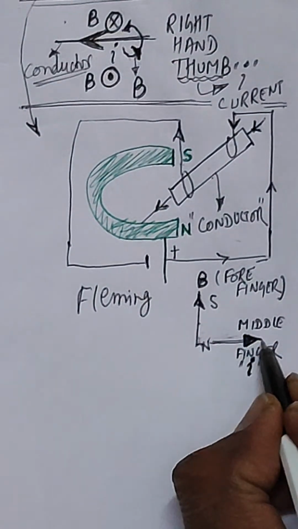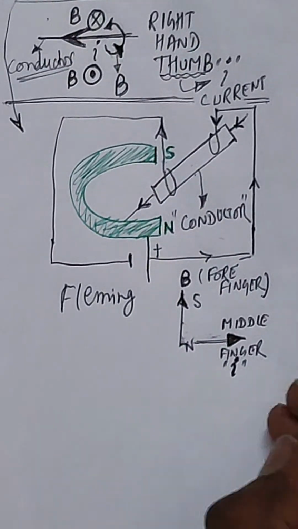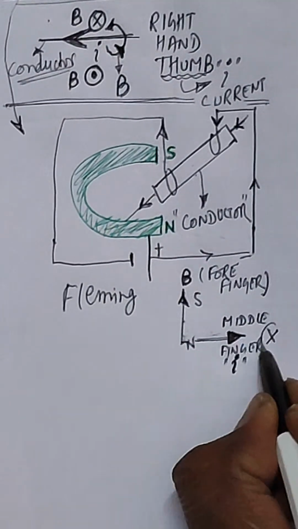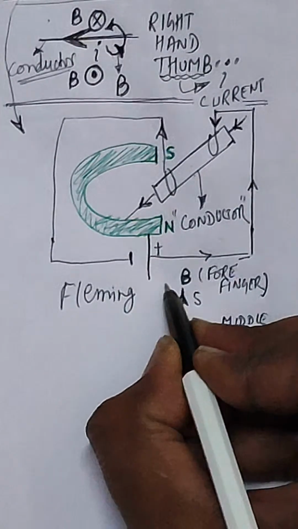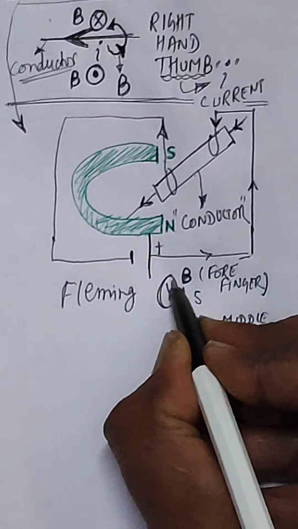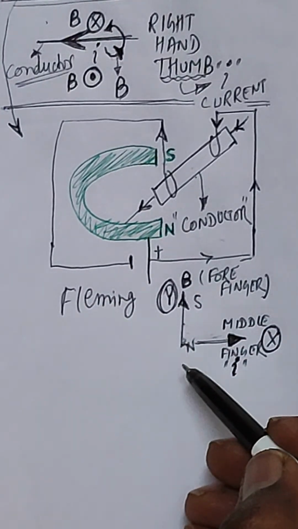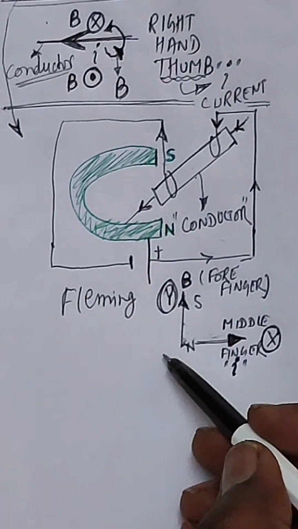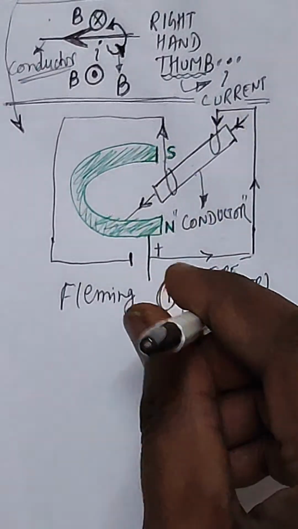So just consider simply that if this is the x-axis and this is the y-axis, then the direction of z is coming out of the plane of the paper, like this.